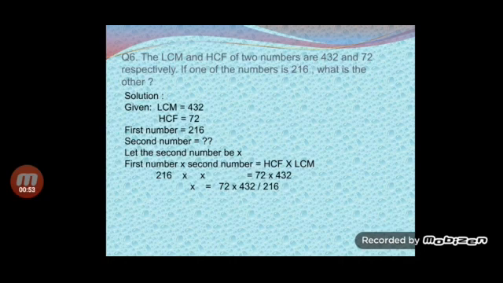So 216 will go on that side, it will be in the division form. So we'll be applying tables, and we get 72 into 2 is equal to 144. So x is equal to 144. So the second number is x, which is equal to 144.